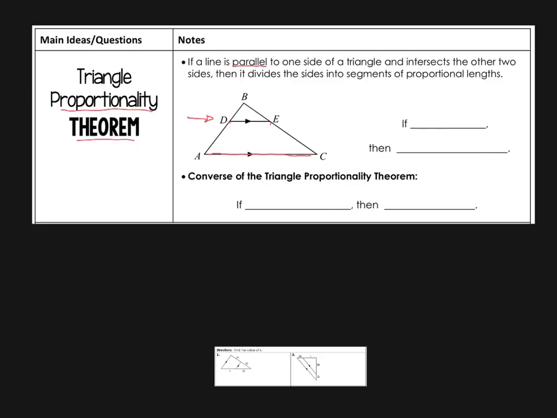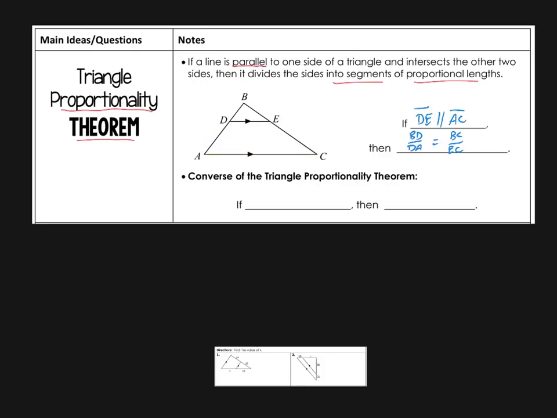So if a line is parallel to one side of a triangle and intersects the other two sides, then it divides those sides. So these two sides are going to get divided, and those little pieces are going to be proportional in length.